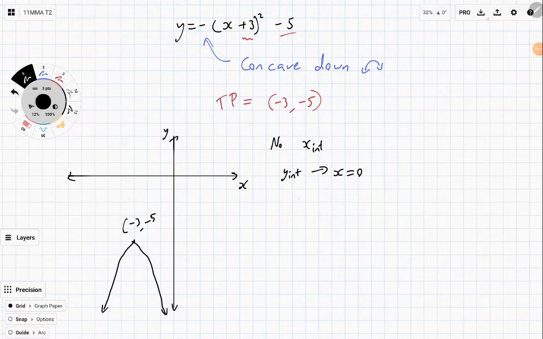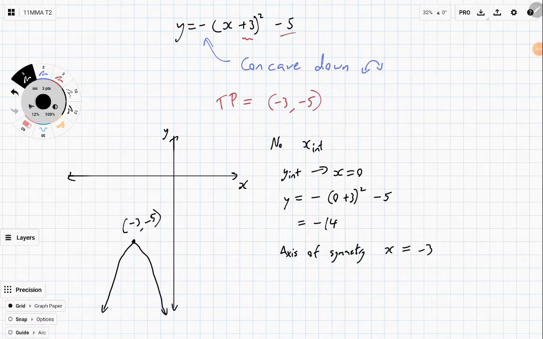So we're going to get y is equal to negative (0 plus 3) squared minus 5. 3 squared is 9, negative 9 minus 5 is negative 14. No x-intercept, y-intercept at (0, -14), axis of symmetry is x is equal to -3.